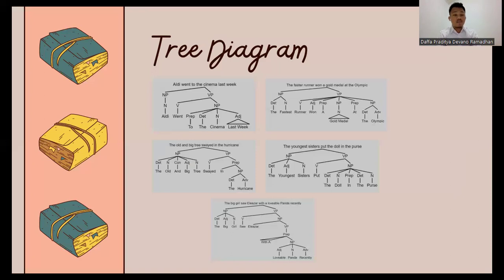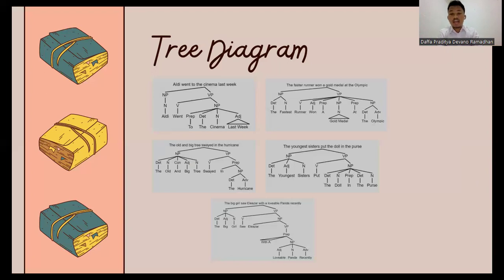And of course, the itself is determiner, old is an adjective, and is a conjunction, big is an adjective, tree is a noun, and then swayed is a verb, and then in is the preposition, and the is the determiner again, and then the hurricane is the noun.